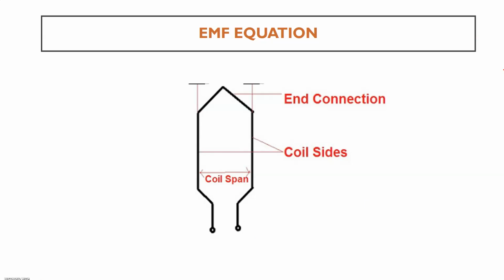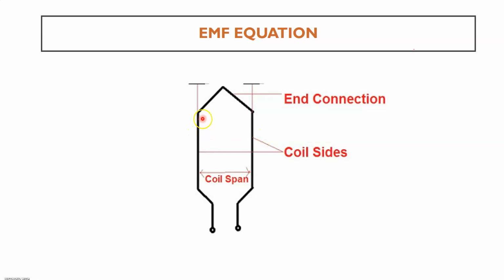Now I will explain the meaning of a coil and armature conductors. This is a simple coil, and a coil consists of two sides. This one is a coil side, this one is a coil side. These are also called armature conductors.